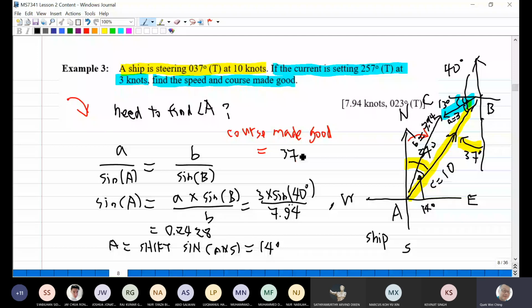Okay, 14, I have this color here, 14. And so that's why you get 23 degrees now.